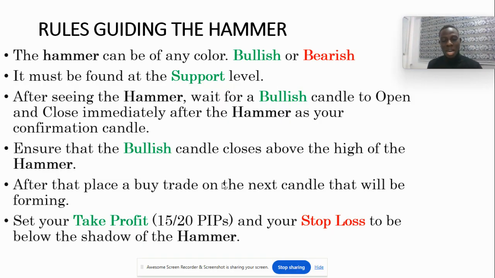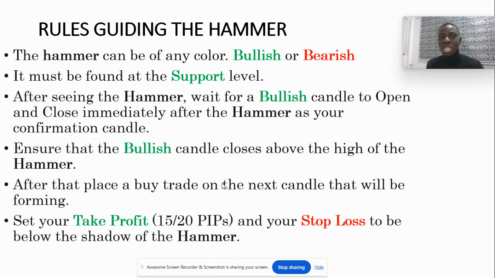When you see a hammer at the support, that's what gives it the name, because you can see different shapes and different sizes, but what gives the hammer its name is the location of the candle. So there are two things that are critically important before you use candlestick to trade. Number one is the shape: what is the shape of the candlestick, how does it look? You want to get the shape and the size.